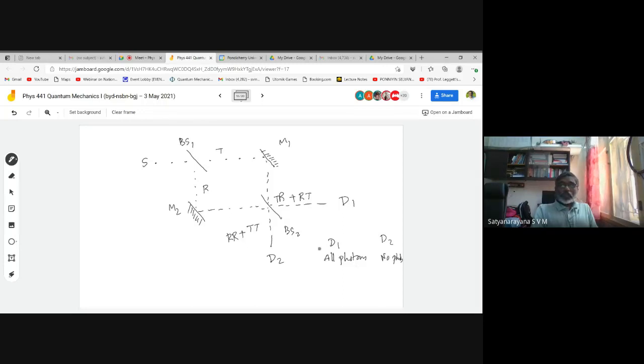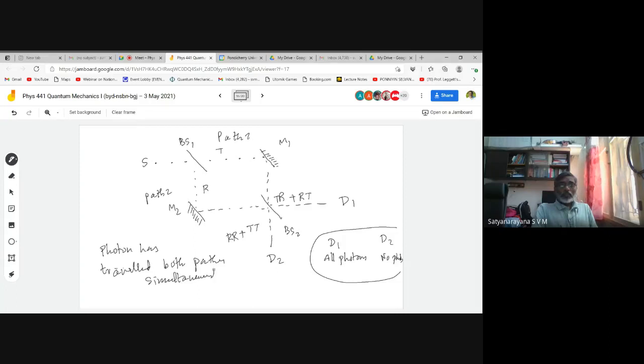Now, if you want to understand this result, you must say that the photon has traveled, let's say this is path 1 and this is path 2, both paths simultaneously.